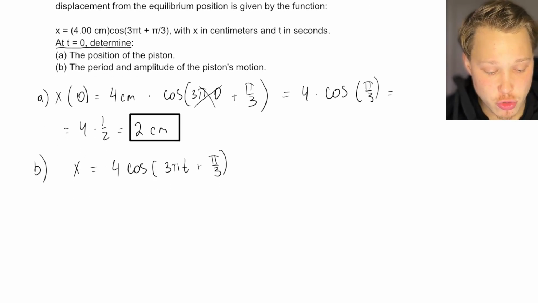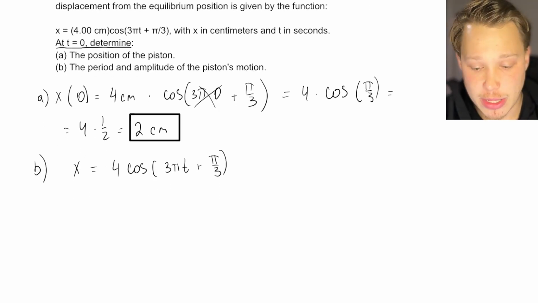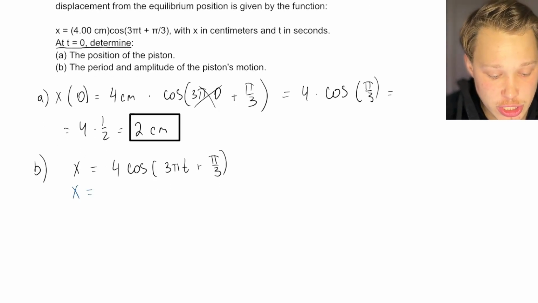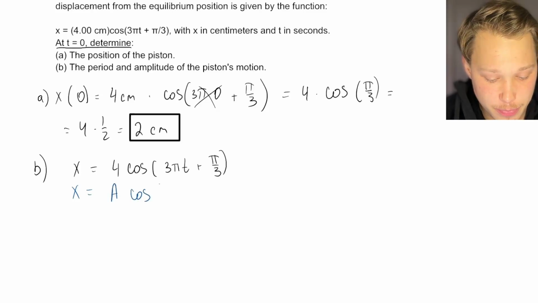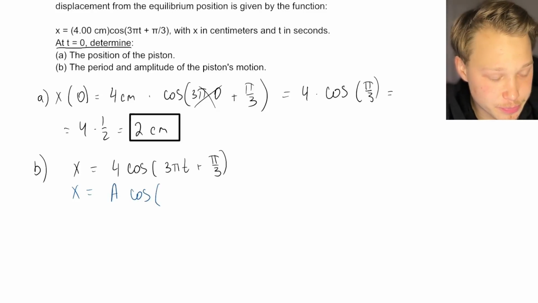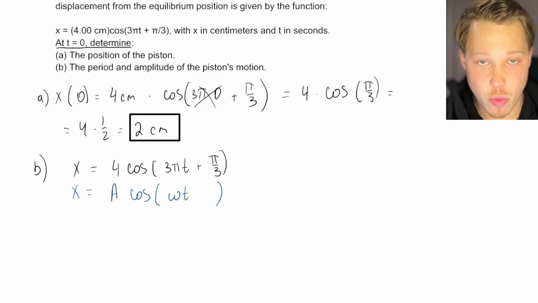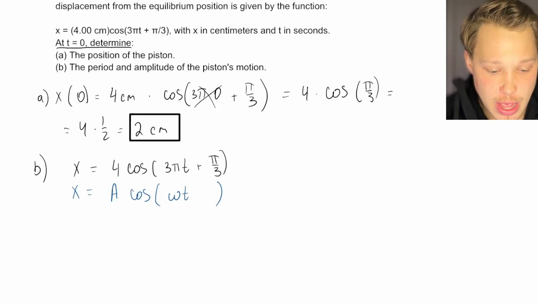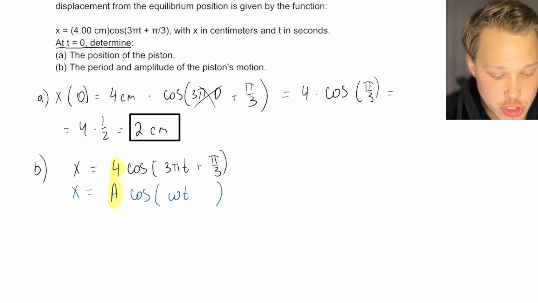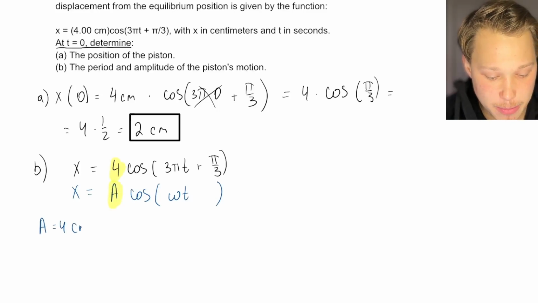Just to remind you, the equation that you would find on your equation sheet is this one. So we just have to match our equation with the formula that we're given. As you can see, amplitude is this number in front of cosine. So amplitude is simply equal to 4 centimeters.